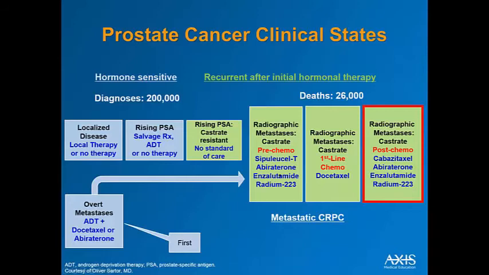There's local disease, where we may put people on surveillance or local therapies, surgery, radiation, rising PSA after a local therapy. Maybe it's rising PSA after the induction of hormones. There's no real standard of care there today. Variety of metastatic patients after hormonal therapy, and then of course you can be diagnosed initially with metastatic disease.